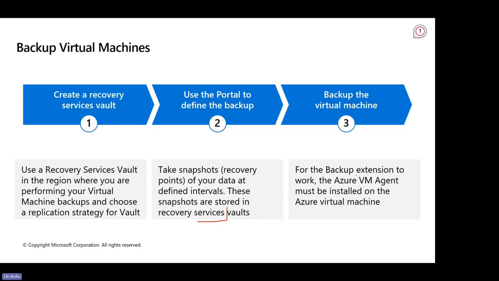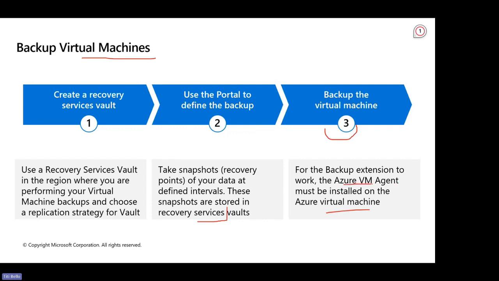So for the backup extension to work, the Azure VM backup agent must be installed on the virtual machine. I don't know if you understand this. Even for VMs that are hosted in Azure, you still need an agent to run on them for that backup to take place.